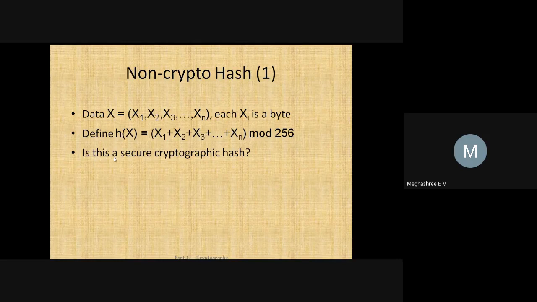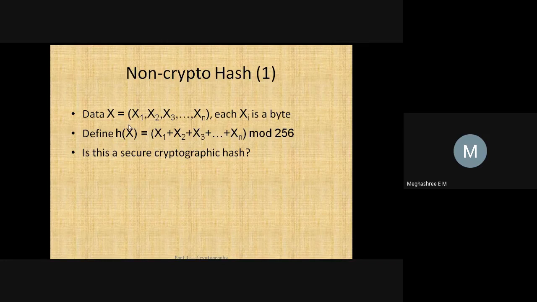Then our question is: is this a secure cryptographic hash? Whatever hash function I have considered here, is it a secure one? Let's consider the output of this will be an 8-bit output.